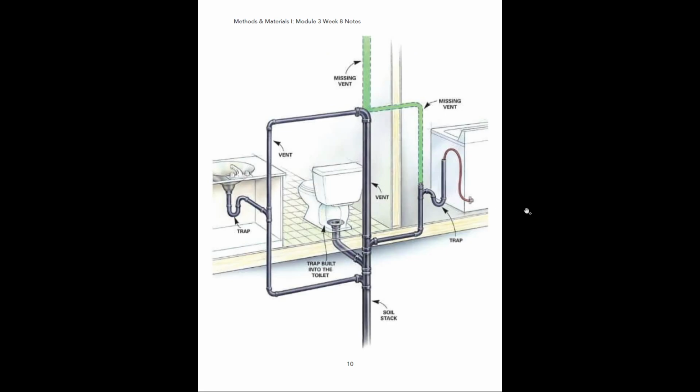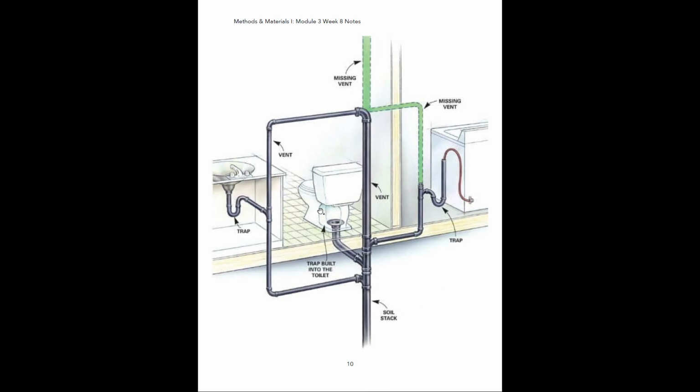Here's just a basic diagram that's showing you how the plumbing within a bathroom or a typical house is all tied together. So you can see here we have a restroom and here we have a laundry room. And if you take a look at this sink and our washing machine here, you can see we have a trap that is attached to the plumbing that ties into both of those fixtures.